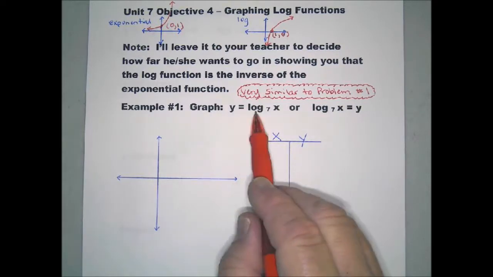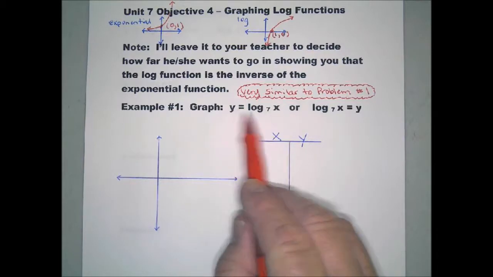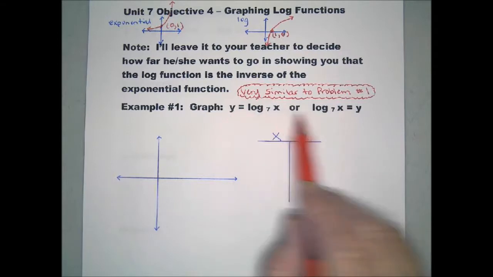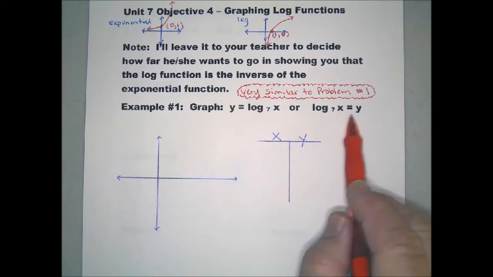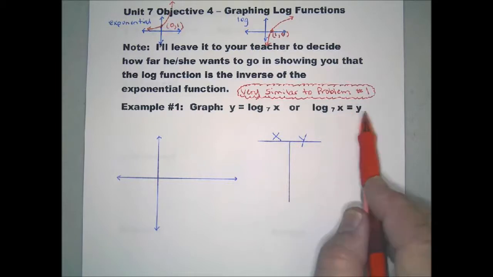y equals log base 7 of x. Now, a lot of times I like to think about it with the y on the other side, so I actually just move the y to the other side, and I think of it like this: log base 7 of x equals y.